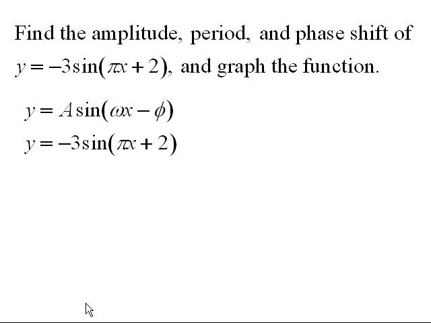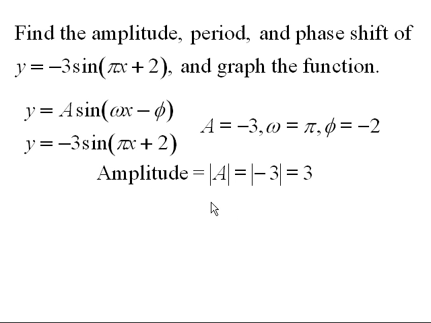So the A would correspond to that coefficient out front, minus 3. We'll write down omega as the multiplier of x inside, that's pi, and phi is minus 2 to make it omega x minus phi compared with the function as given, and we'll see how to account for that.